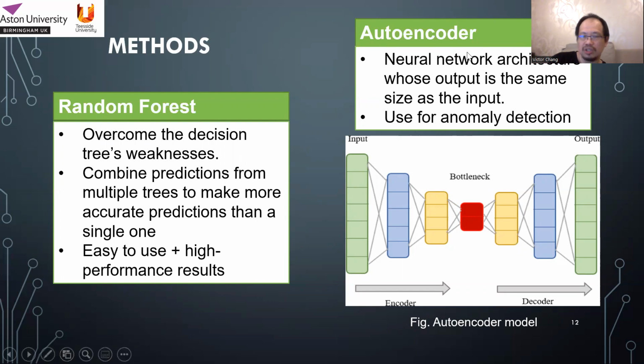And autoencoder is a kind of unsupervised learning. It's a neural network architecture whose output is the same size as the input, and it is used for anomaly detection, to check anything that goes wrong. As you can see, the inputs get compressed further to a bottleneck, and the bottleneck is used to reconstruct the input.